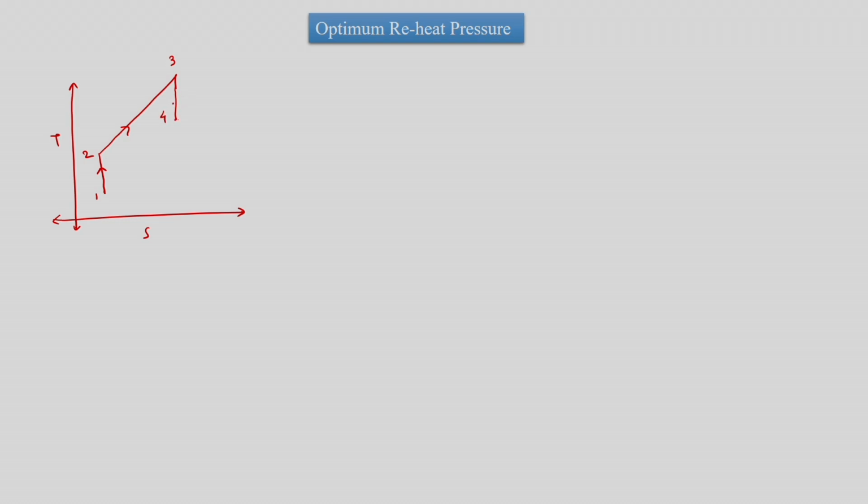So let us assume at this moment that this is the location of point 4, and we will find out what is the optimum location of point 4. So this is 5 and this is 6. That is what we mean by optimum reheat pressure.